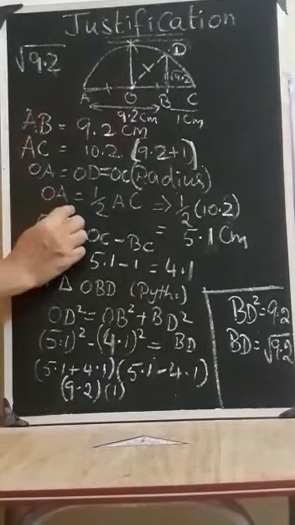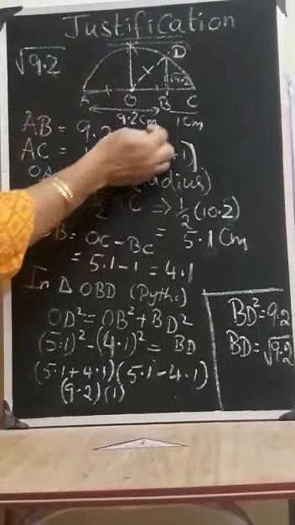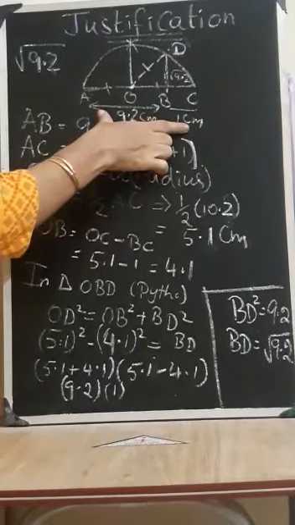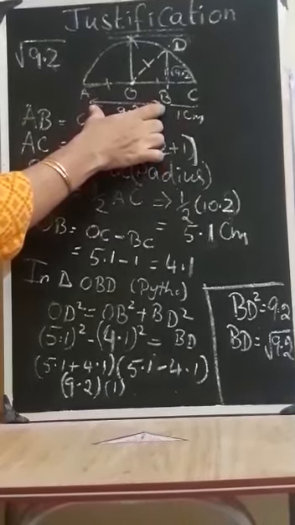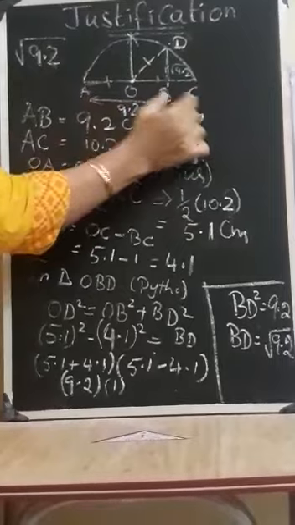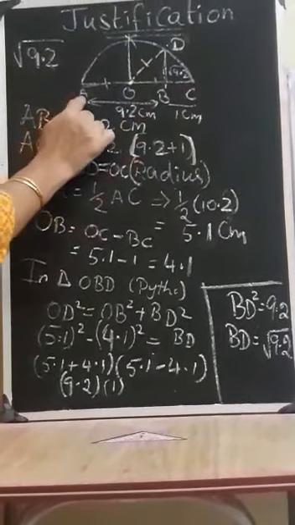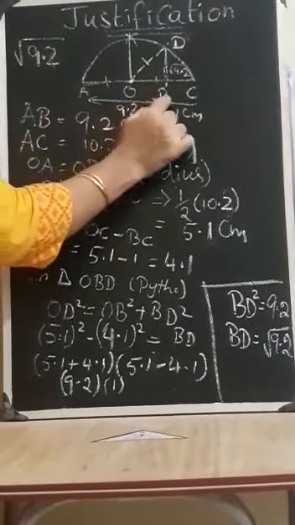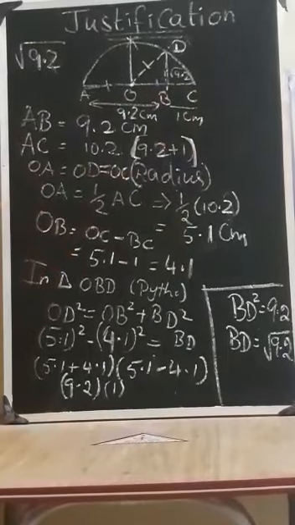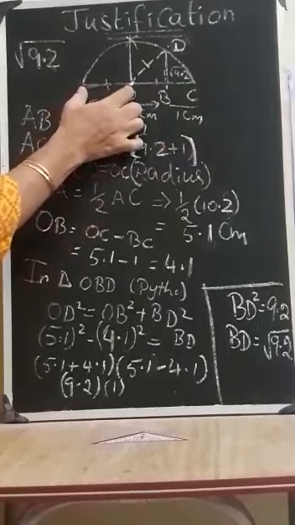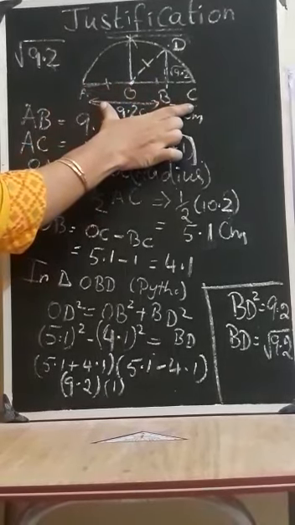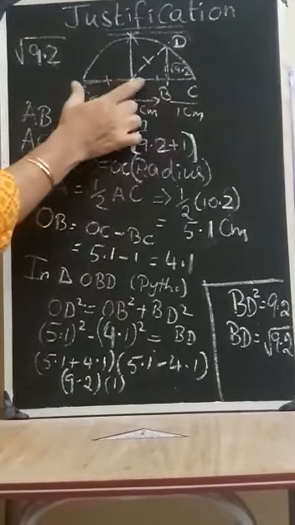Now OA is equal to half of AC because we know the AC value. We took AB is equal to 9.2, BC is equal to 1 centimeter, AB plus BC is equal to 10.2. So if I want OA, I can divide AC by 2 because it's half, right?